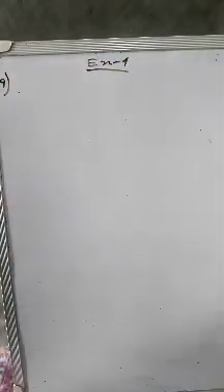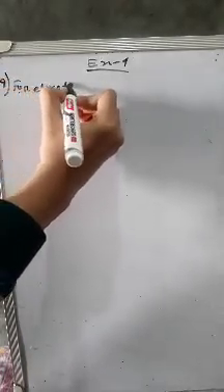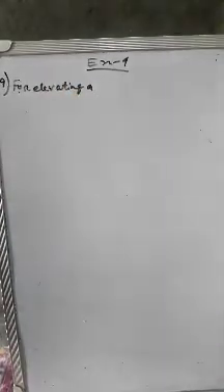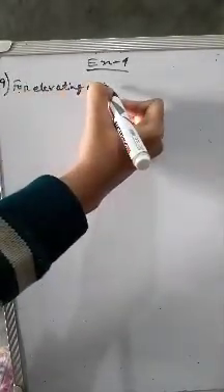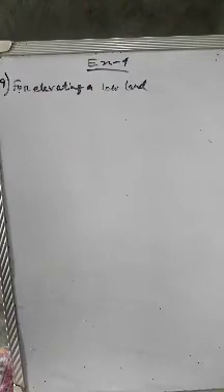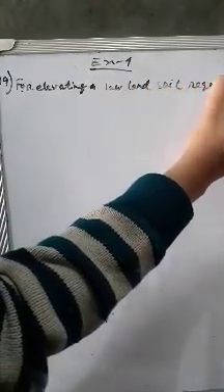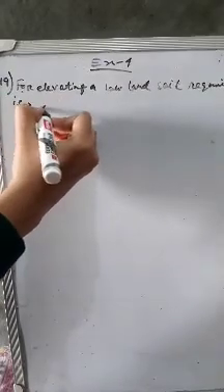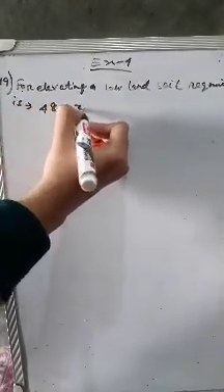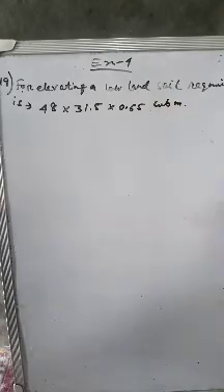Sum number 19. You can take down the solution as: for elevating a lowland, soil required will be the volume only, 48 into 31.5 into 0.65 cubic meter, isn't it?